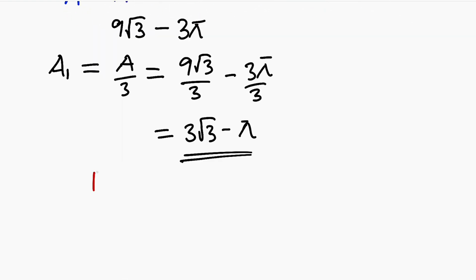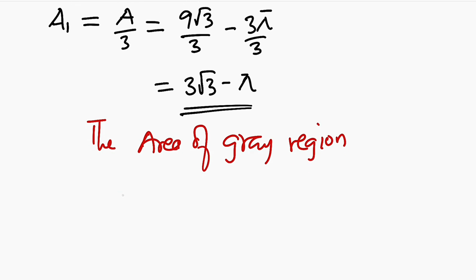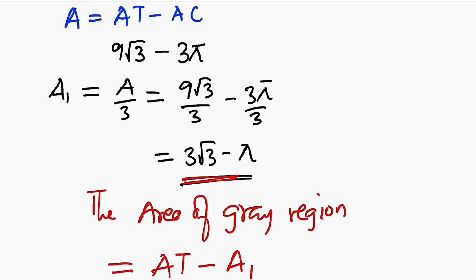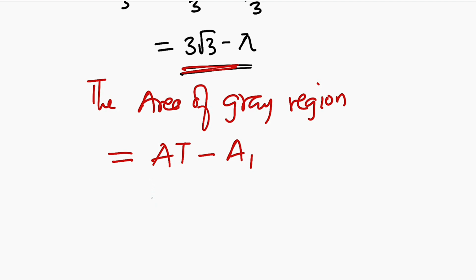So finally, the area of the gray region is equal to area of the triangle minus, let me call it A1, which is this area. Area of the triangle is 9 root 3. 9 root 3 minus A1, which is 3 root 3 minus pi.